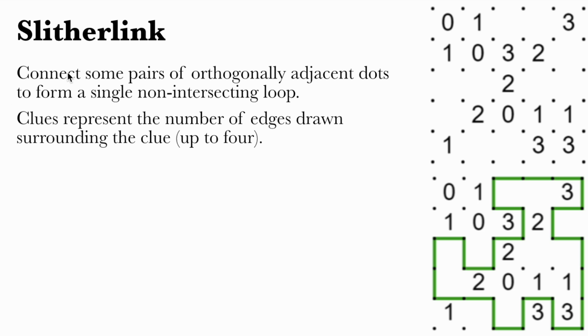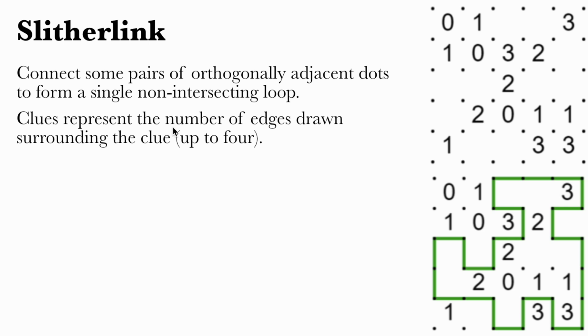We will connect some pairs of orthogonally adjacent dots to form a single non-intersecting loop. So orthogonally is saying horizontally or vertically. We don't go diagonally between dots. And non-intersecting meaning that we can't have the loop cross itself and make knots. It's a single simple loop.